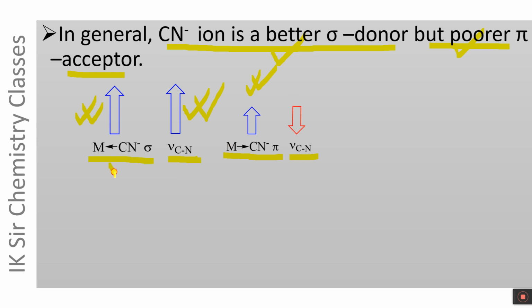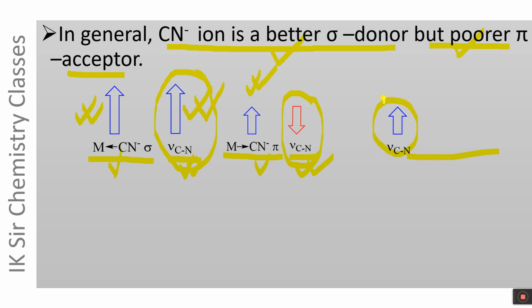This sigma bonding takes place to a greater extent than this pi bonding, and accordingly the increase in CN stretching frequency is greater than the decrease, and the resultant of these two changes is represented here. Hence there is an overall increase in CN stretching frequency.